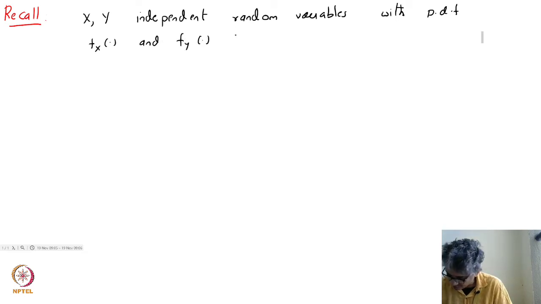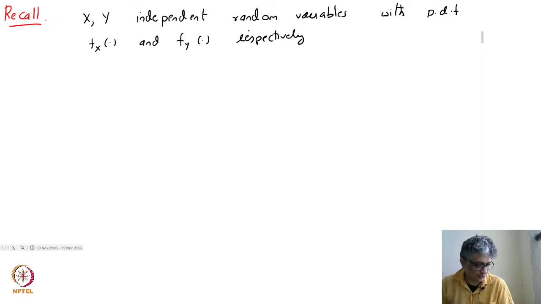So they're two continuous random variables. Then I discussed two aspects of it. One is what I call the sum.